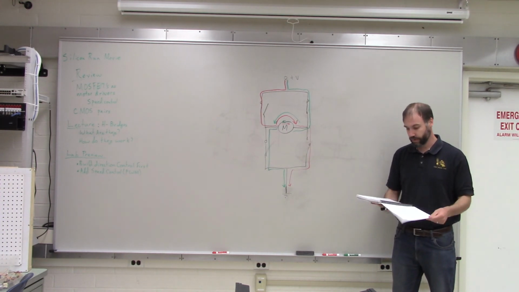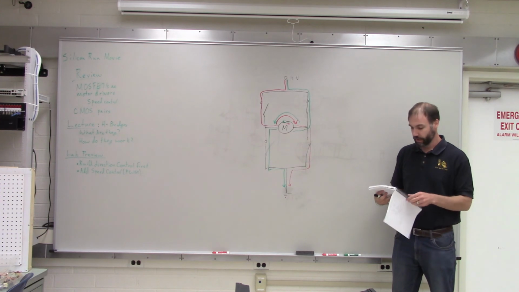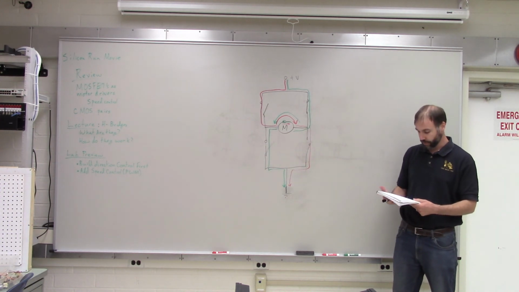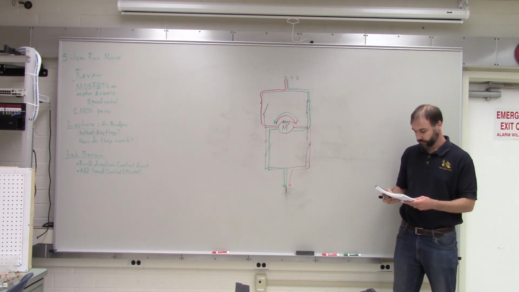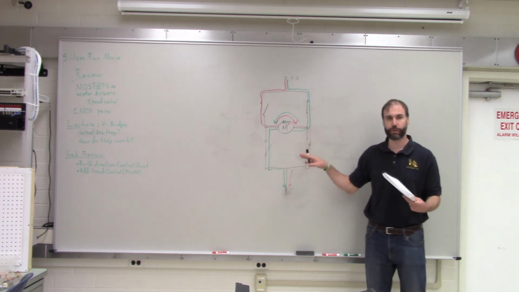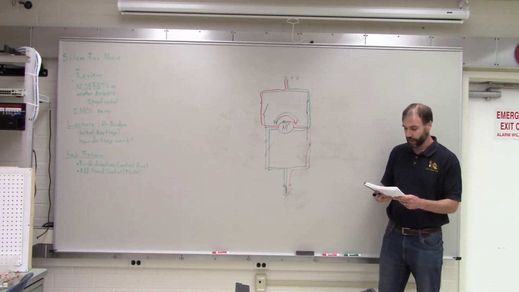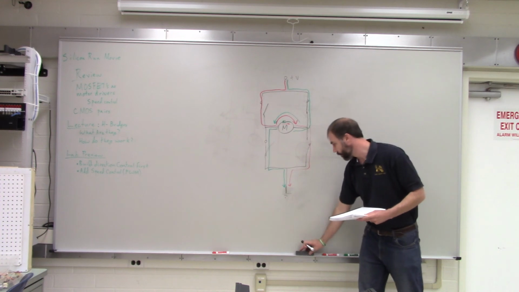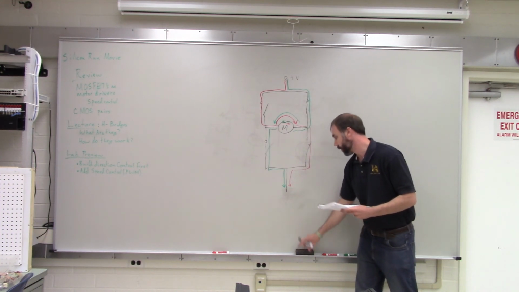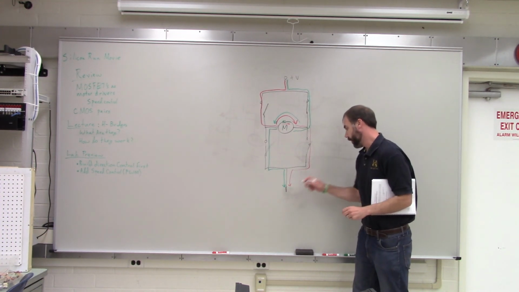And then once you get that built and working, you're going to add the PWM. You're going to leave most of the circuit the same. You're just going to add an extra transistor down here between this part and ground.